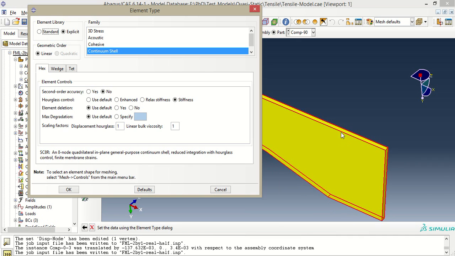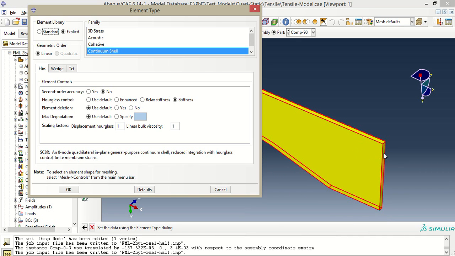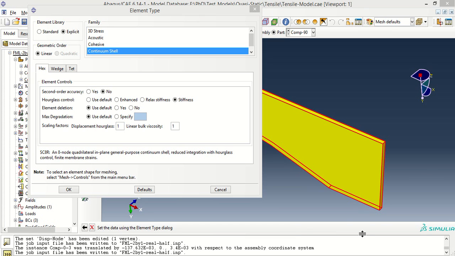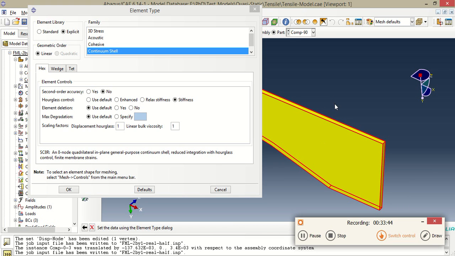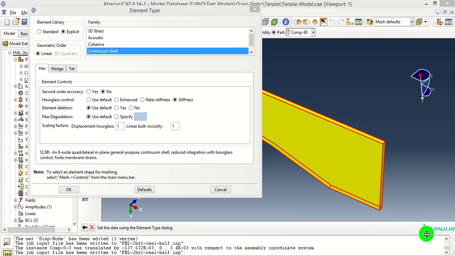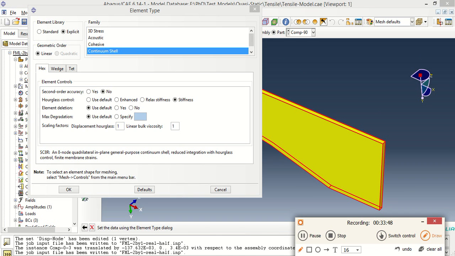For example, just consider that you have this element with you. I'll show you by drawing the figure. Suppose you have this element, just consider it as a 3D element. You have one integration point in between.